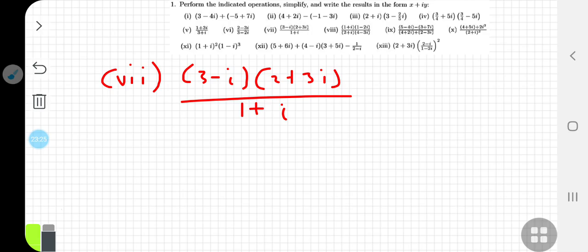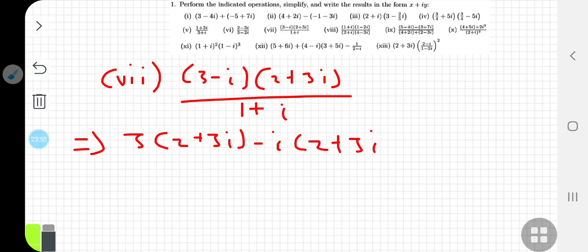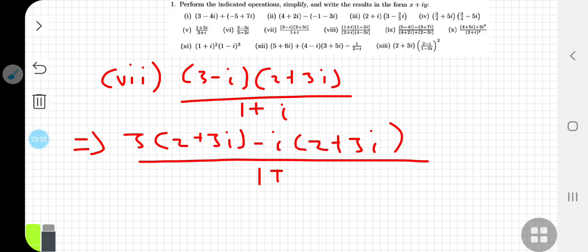So here first I'll work with the numerator, which involves multiplication of complex numbers. So I'm going to have 3 multiplying with 2 plus 3i, and minus i also multiplying with 2 plus 3i, and I'm dividing this with 1 plus i.